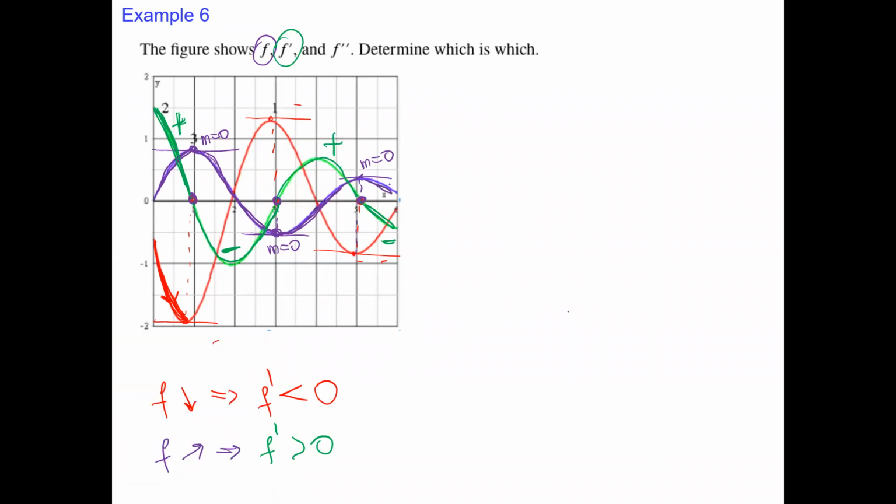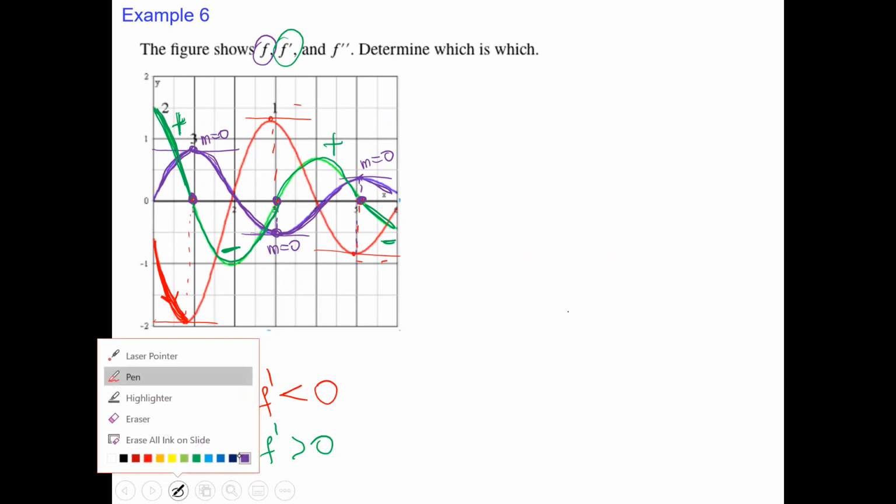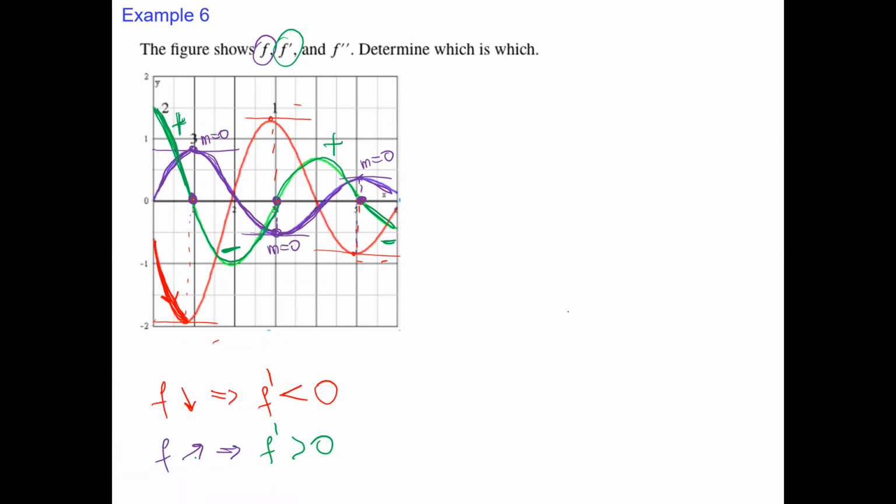Now, the only thing that we have to double check is whether the second derivative matches. What will I look at? I will look at my green function, which is the derivative, but I can call it my function. Let's check where the green function has a horizontal tangent.